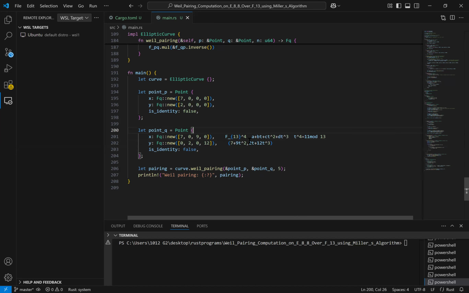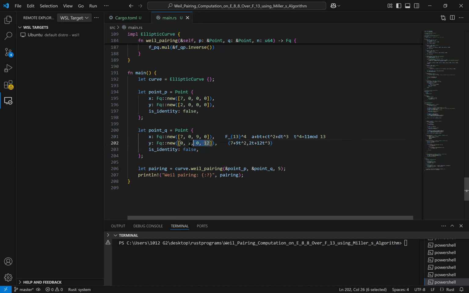So the x coordinate is 7 plus 0t plus 9t square plus 0t cubed. And then the y coordinate is 0 plus 2t plus 0t square plus 12t cubed.